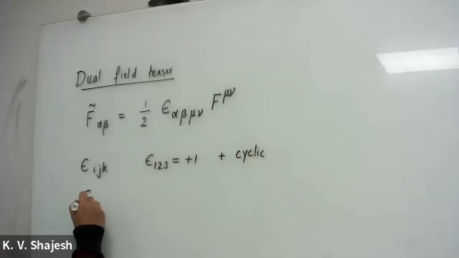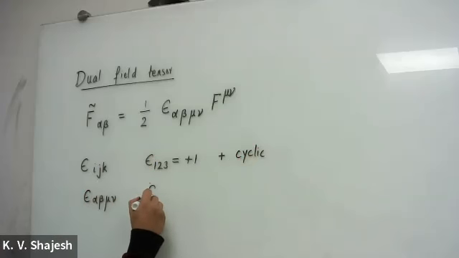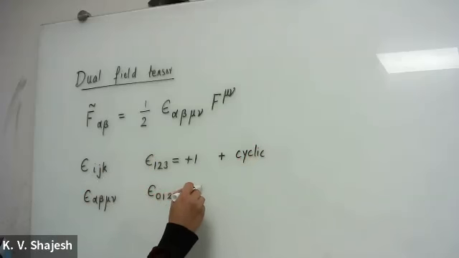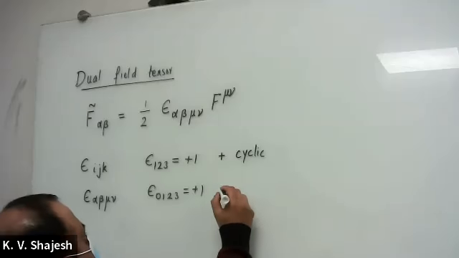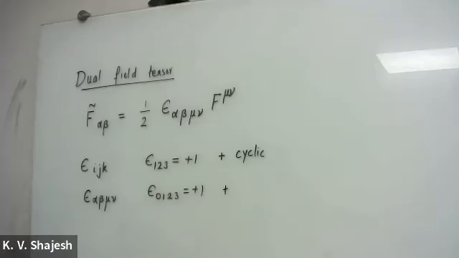So epsilon alpha beta mu nu is defined by starting from epsilon 0, 1, 2, 3 is equal to +1. You start with this, and then every time you swap, you get -1.